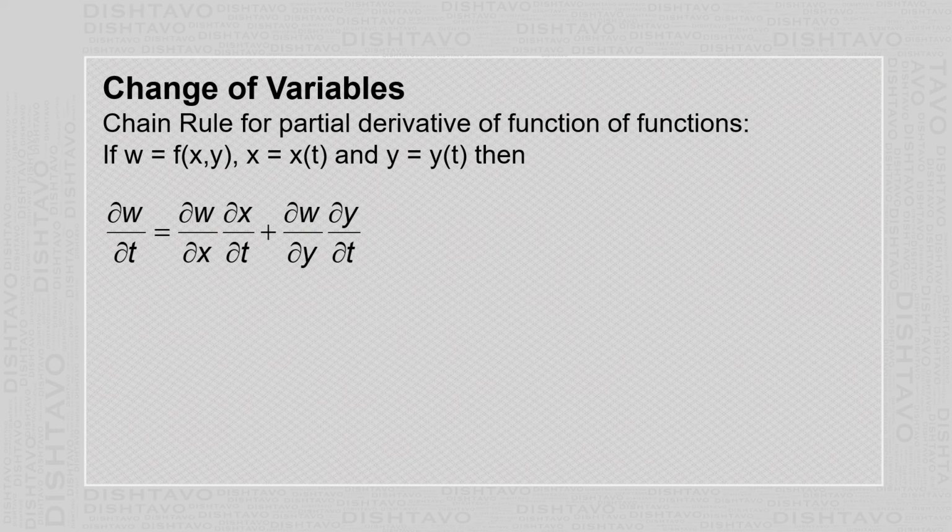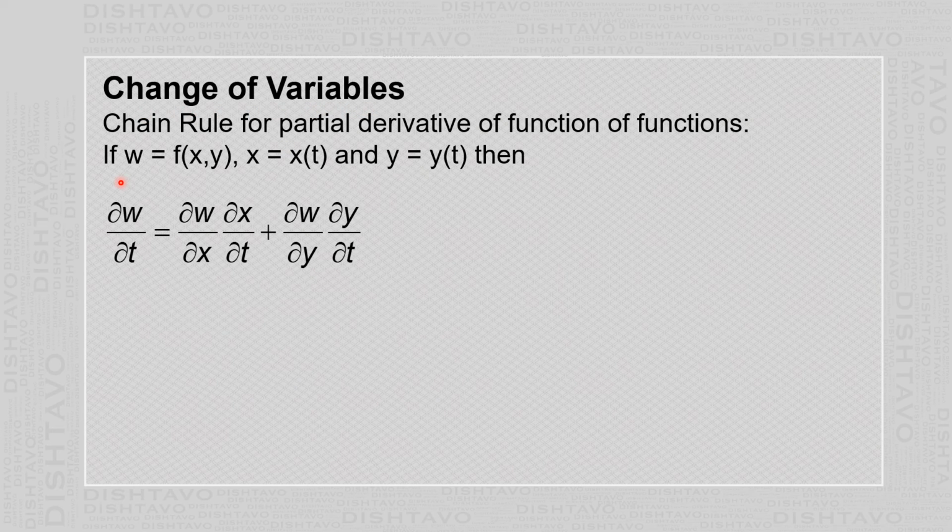Now many times functions depend upon some independent variables, and those independent variables in turn depend upon some other independent variable. To find the partial derivative of this, what is called a function of a function, there is a rule called the chain rule, and that comes under what is called change of variable.